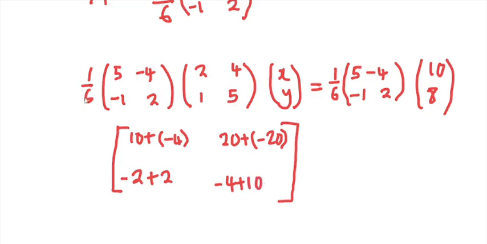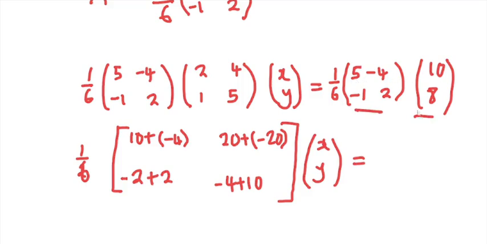This 1 over 6, you can just write it outside here. Then here we write x, y, equal to, and on the right hand side again, we multiply this matrix and this matrix.